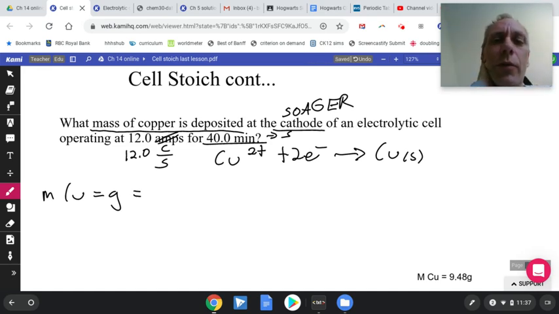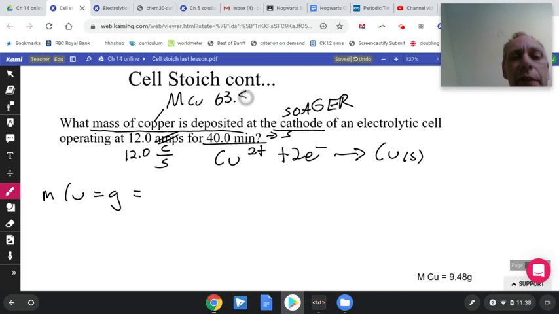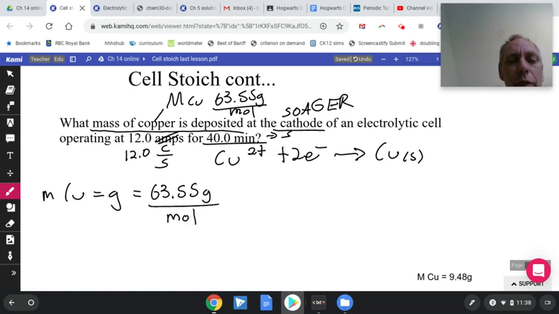There is no grams given in this question, but it's copper. So if we know it's copper, we know the molar mass of copper is 63.55 grams per mole. So there's where our grams come from. So I'm going to write that on top. 63.55 grams per mole.